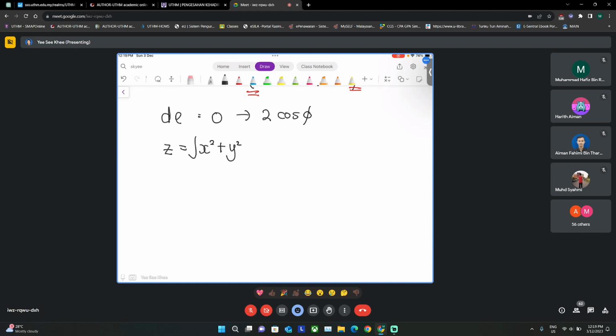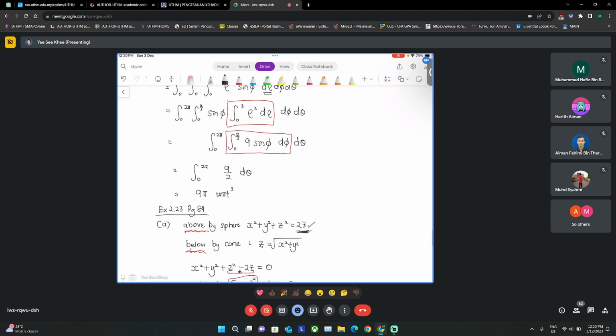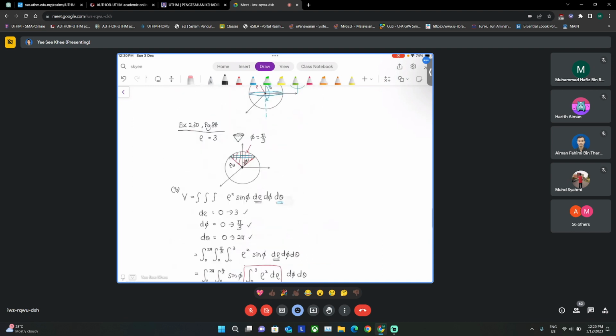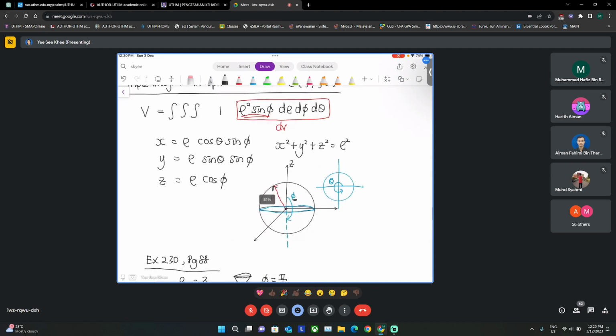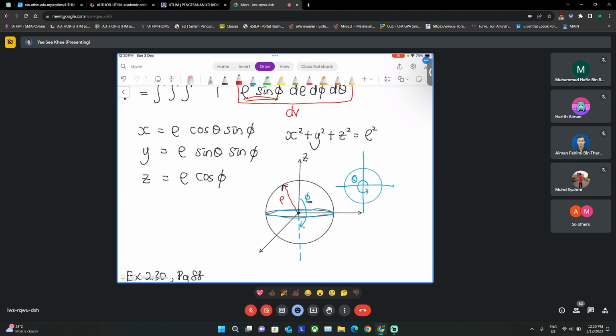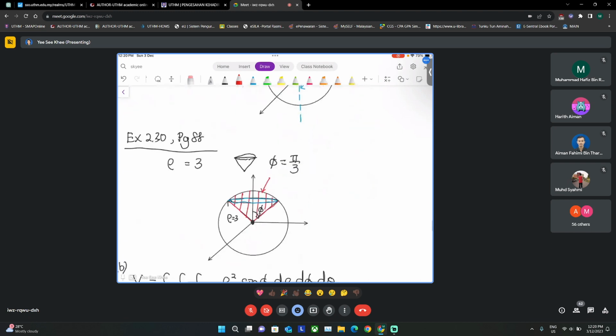Now you have to convert all of them into the spherical coordinate system in order to find your phi. For the z, you convert it into rho cos phi, which we did just now. For x squared plus y squared, you have to refer to these two equations.